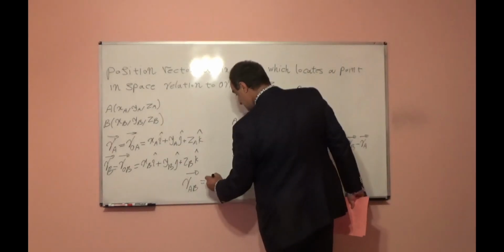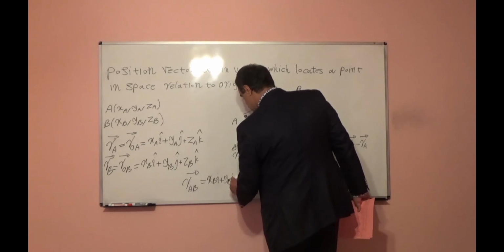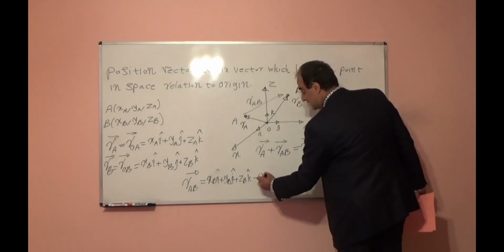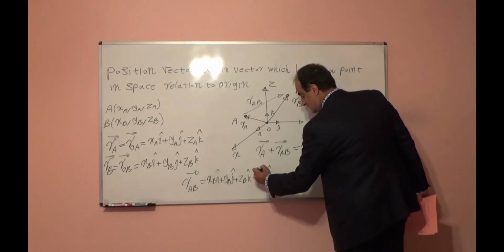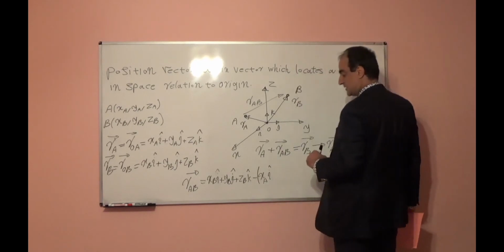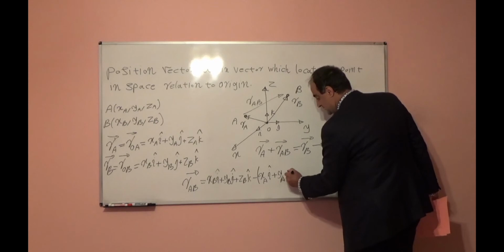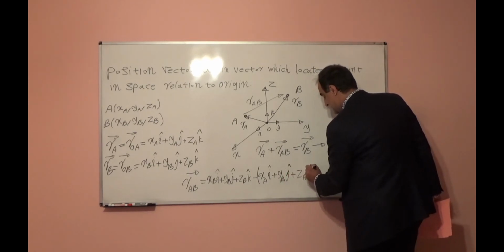So it will be xb i plus yb j plus zb k minus, let's put inside parentheses, xa i plus ya j plus za k.